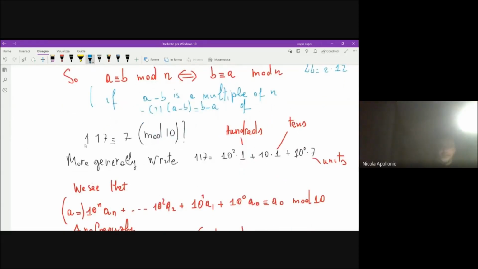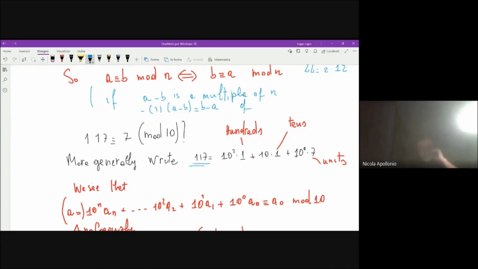Is 117 congruent to 7 modulo 10? It is hard to answer. So let us do it in this way. Consider the decimal expansion of 117. You can write 117 in this way.